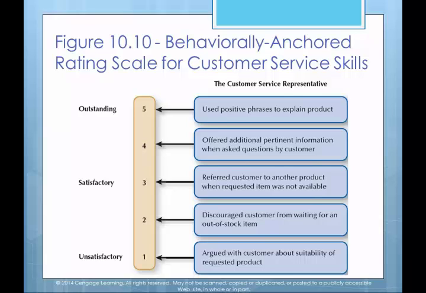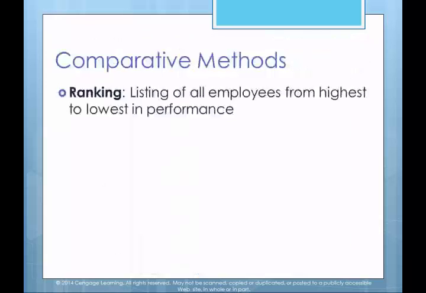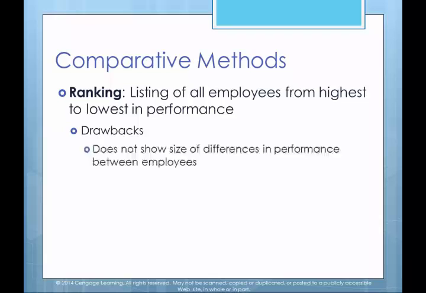So I find that employees love the behavioral anchored rating scale, but it does take a lot of time to develop. Now there's comparative methods, which is ranking. It's listing all employees from highest to lowest performance.